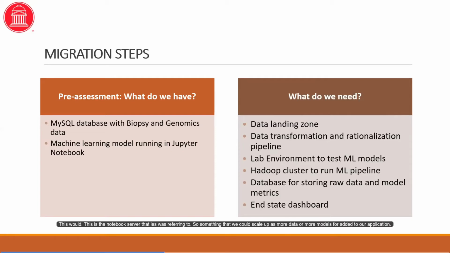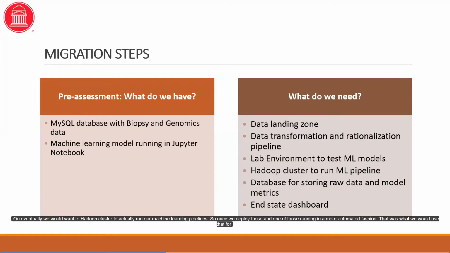So this is the notebook server that Lei was referring to, something that we could scale up as more data or more models were added to our application, and then something that could also write back to our data warehouse, so that we had both a raw layer and a transformed layer, so that we could examine both sets of data.